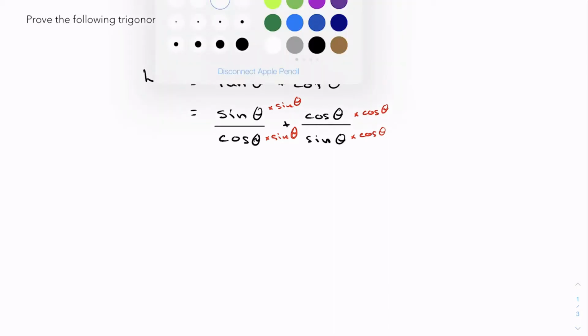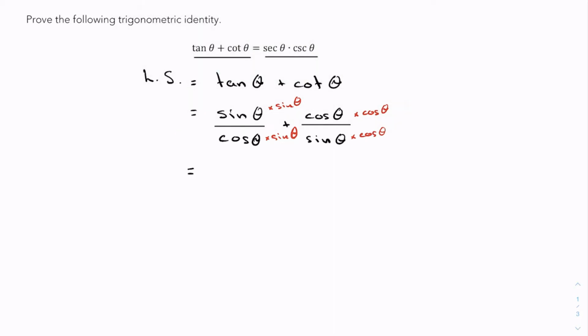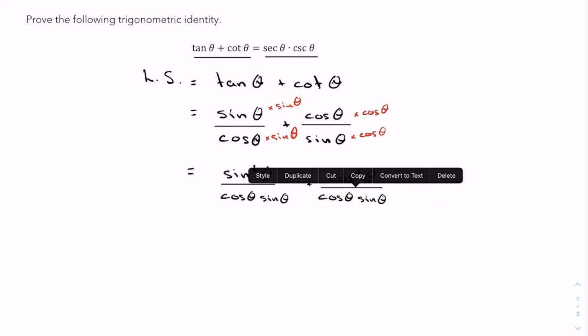What I end up with is sine squared theta all over cos theta sine theta, plus cos squared theta, also all over the same thing, which I'll just copy and paste over here.